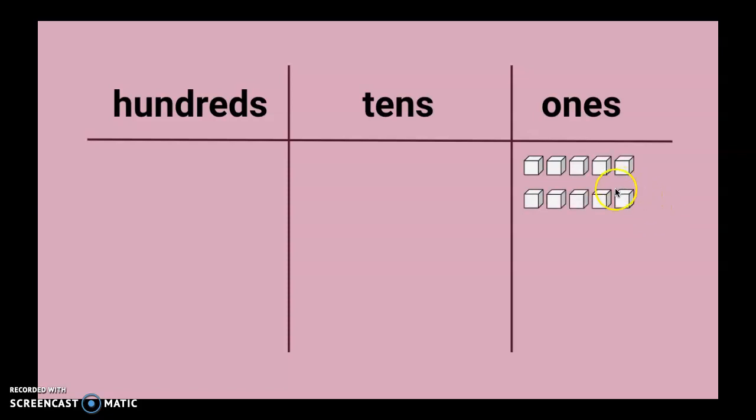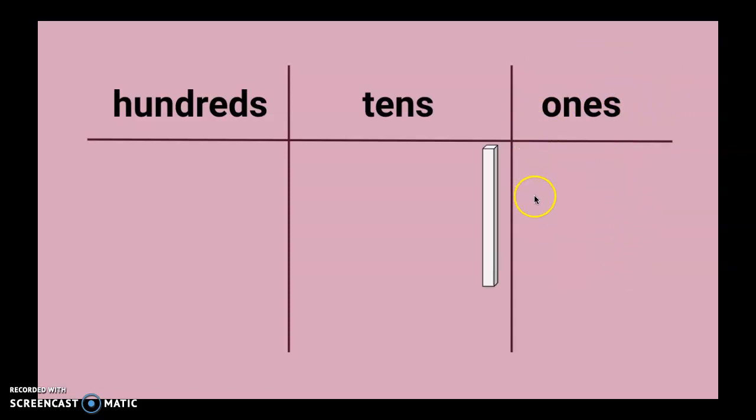But when we get to that 10th one, the ones place cannot hold 10 ones. So when we get there, we move all of those ones and then we put them in a 10 stick and put them in the tens place.